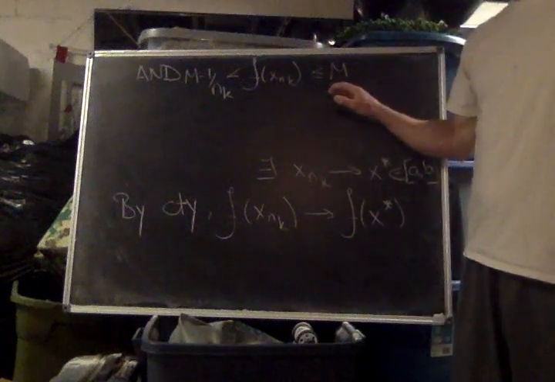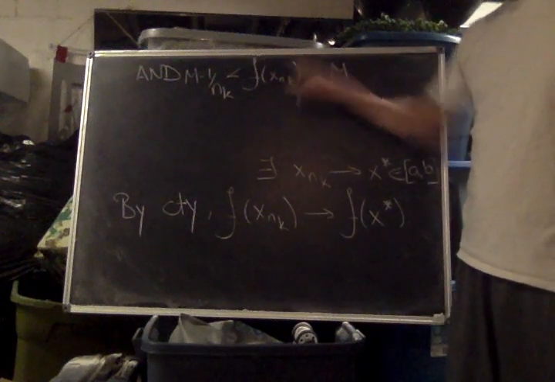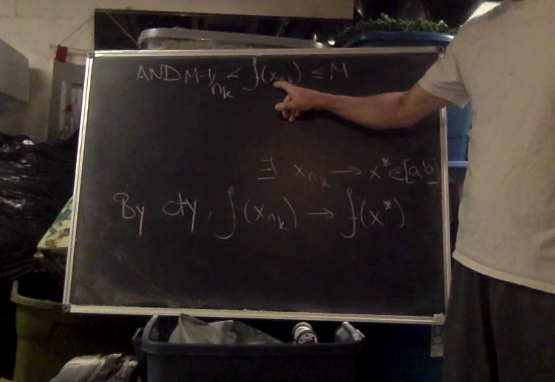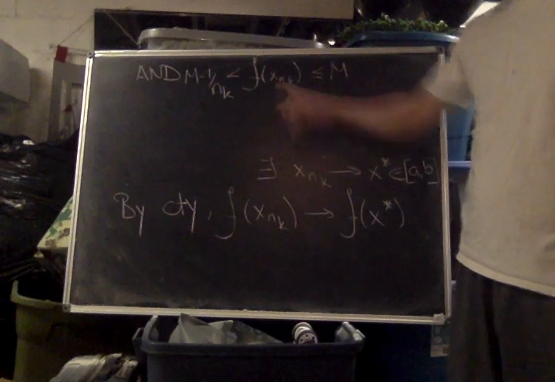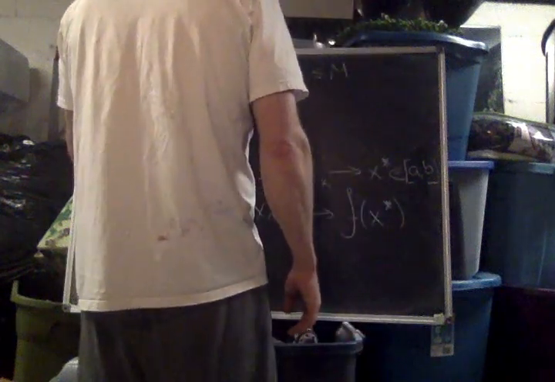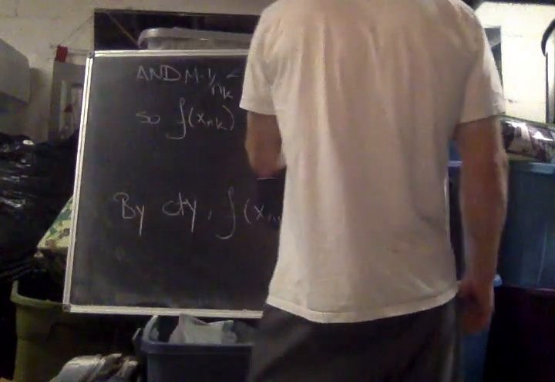This one is certainly converging to m, and so by the Squeeze Theorem, f of x sub n_k also has to converge to m.